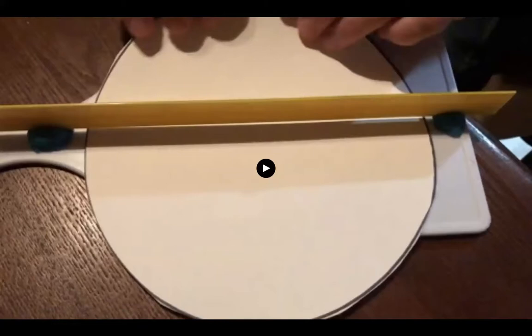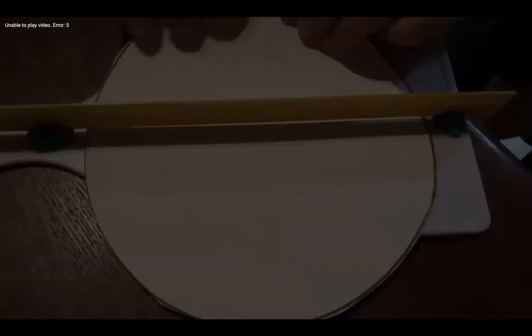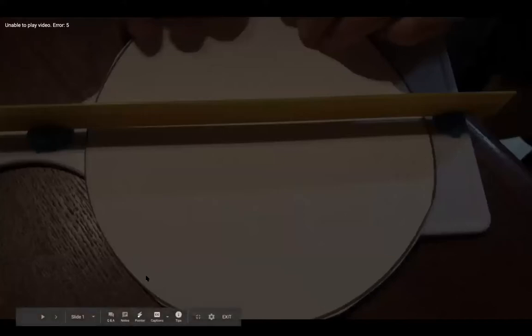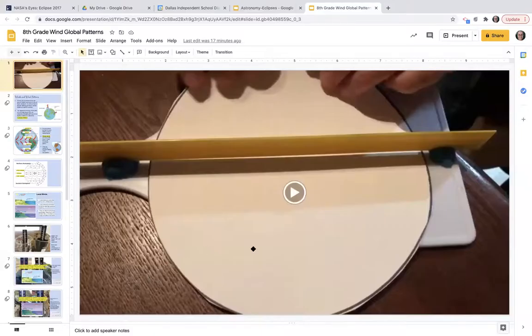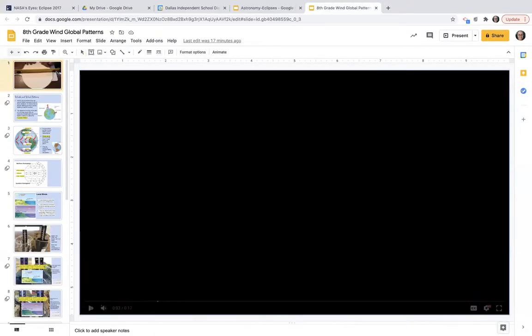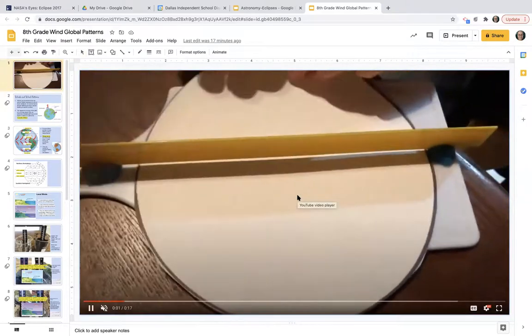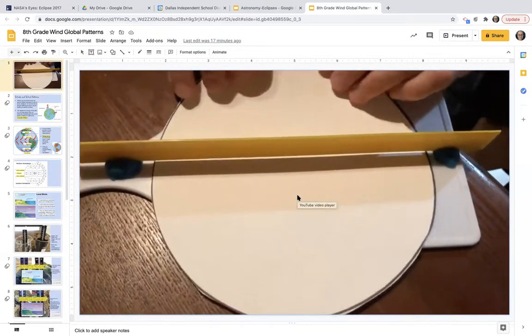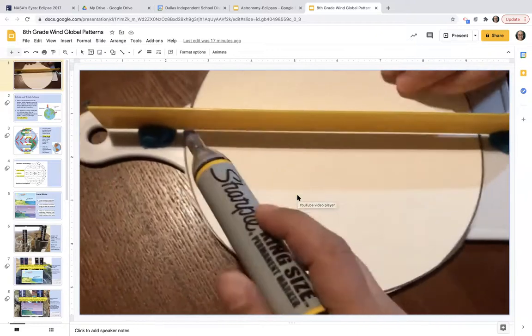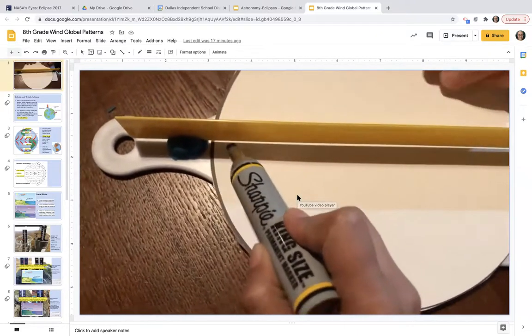In this case, the video says it's unable to play, so let me see if I show it from here, if it will play there, and it does, that way. Again, the rotating of the circle represents the rotation of planet Earth.